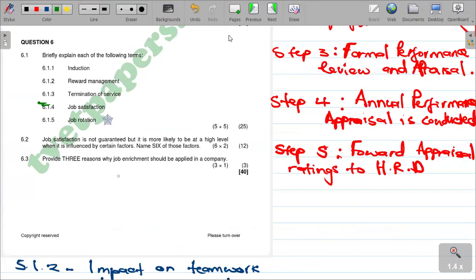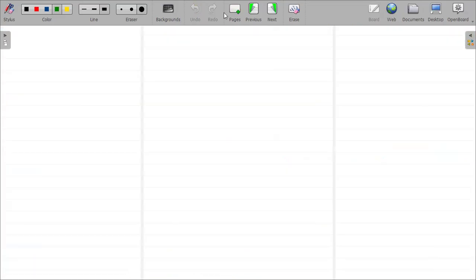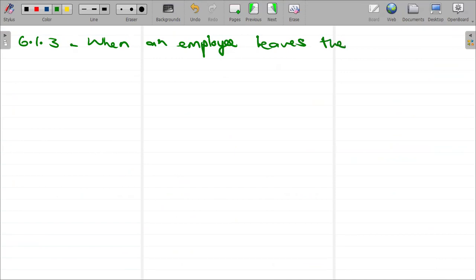Termination of service refers to the employee leaving the service of the employer, when an employee leaves the service of the employer.